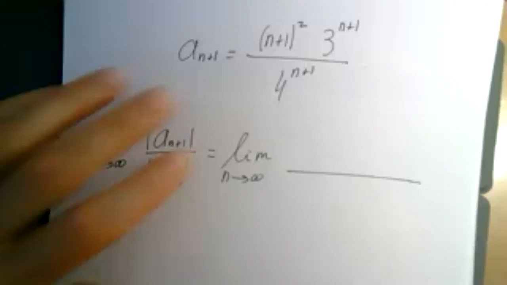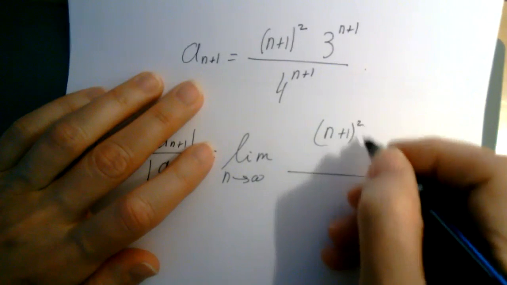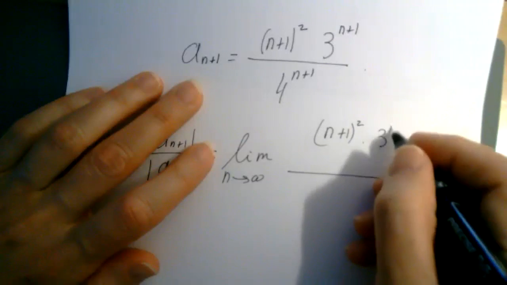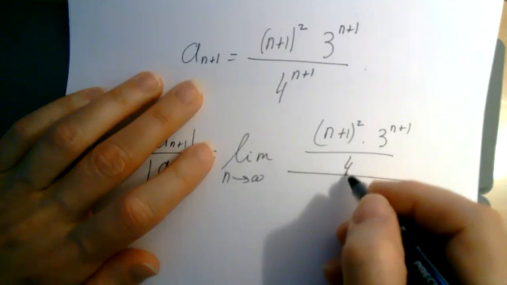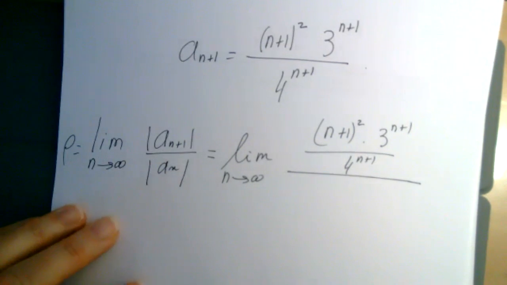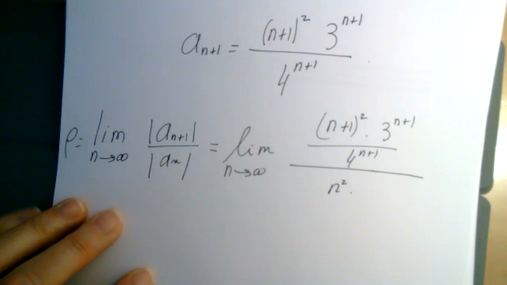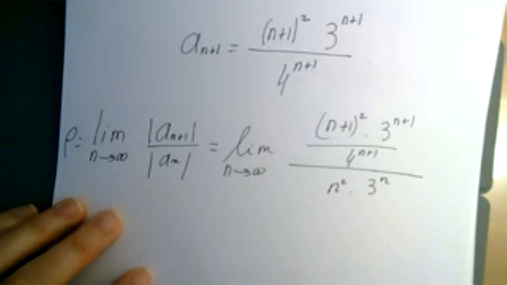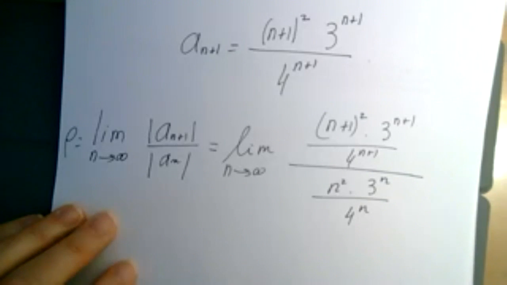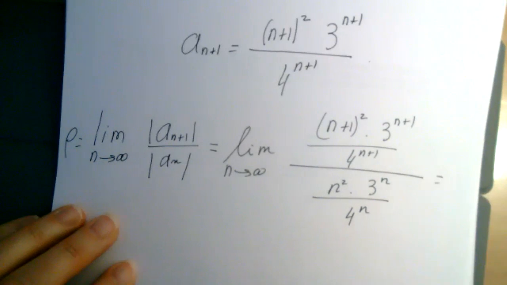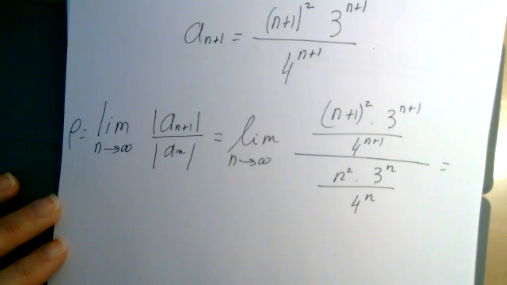a_{n+1}. What is a_{n+1}? n plus 1 squared, 3 to the n plus 1 over 4 to the n plus 1, verbatim. What's a_n? It's n squared, 3 to the n over 4 to the n. Now, I want to compute the limit of the ratio. I know you look at it and say wow, but it's not a wow.